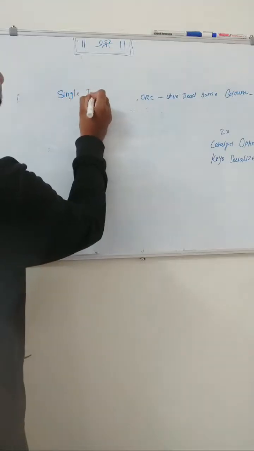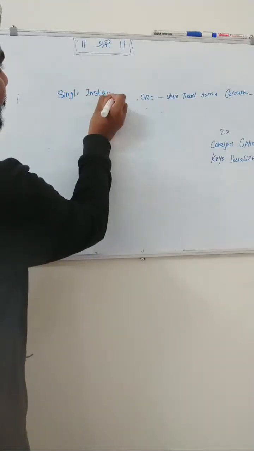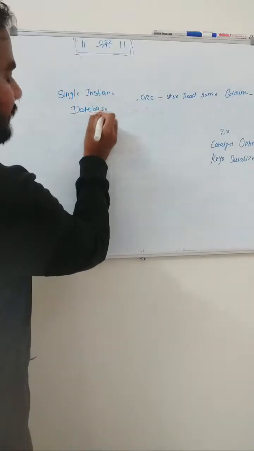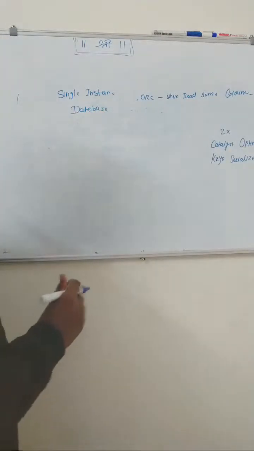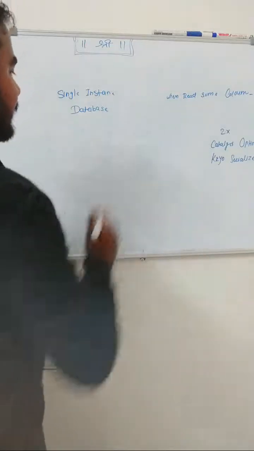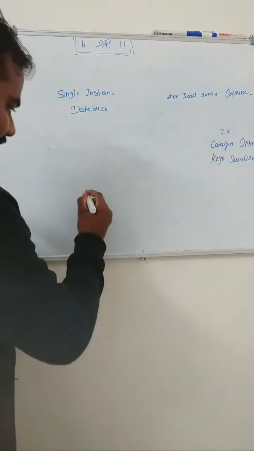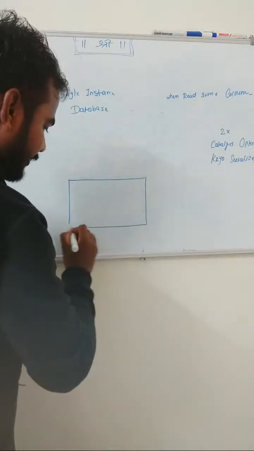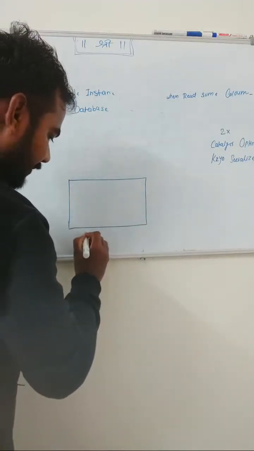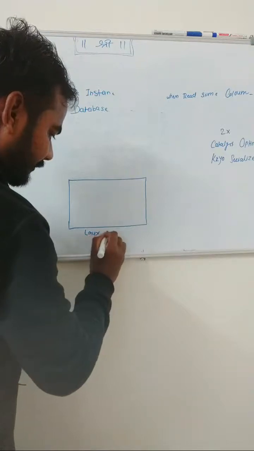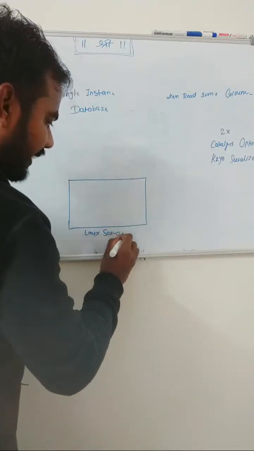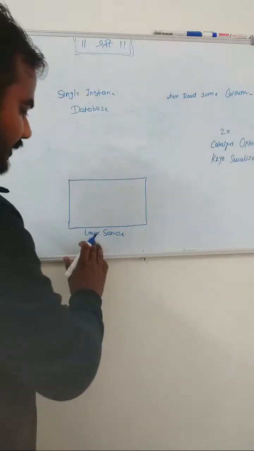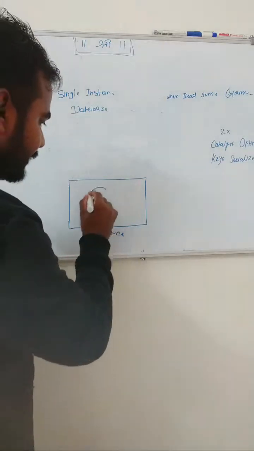So what is happening in the single instance database? Let me tell you what will happen in the single instance database. See, let's say this is your server, maybe a Linux server. On this server we have one database.